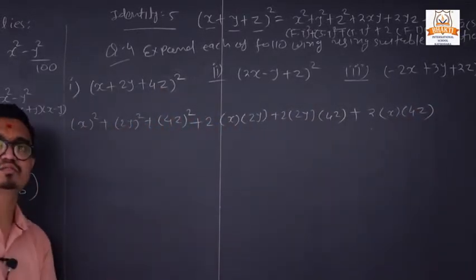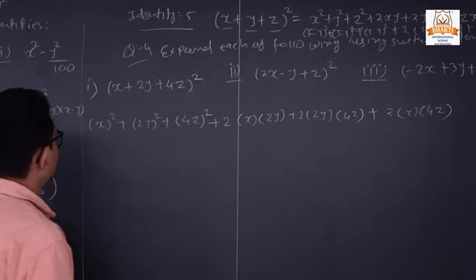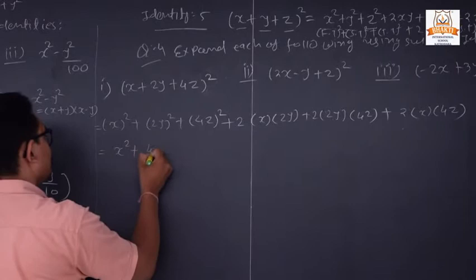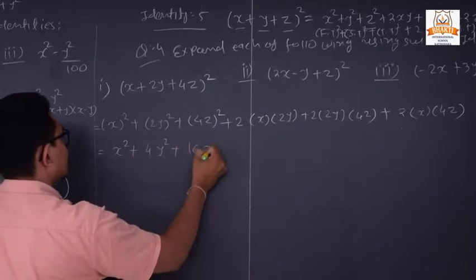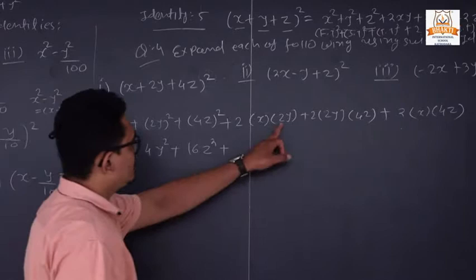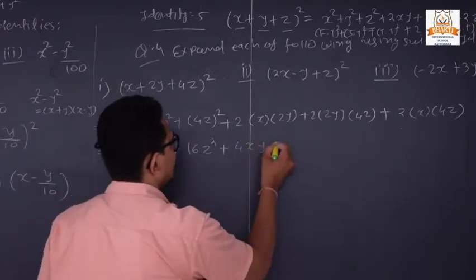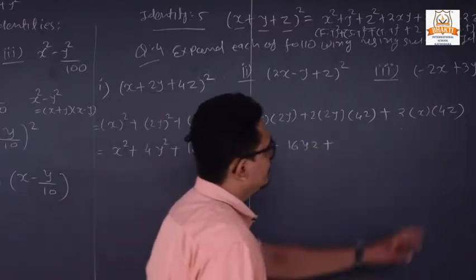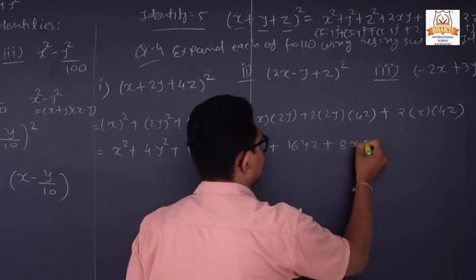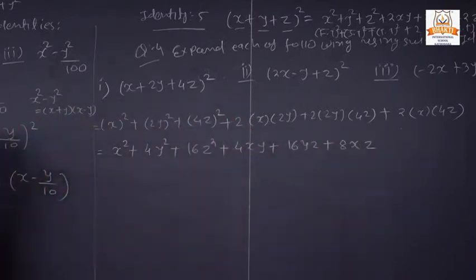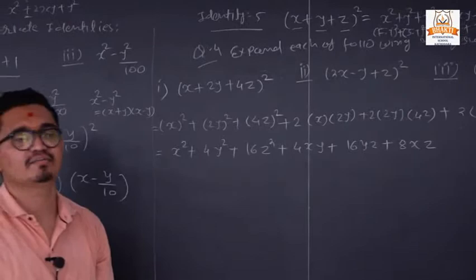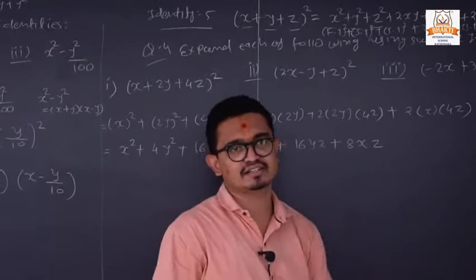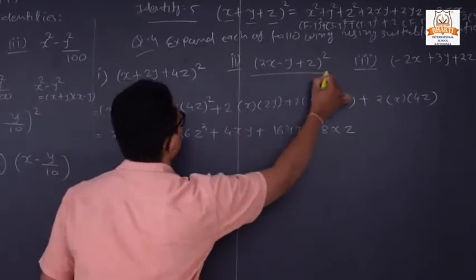Or third into first, because multiplication remains the same. So the answer is x square, 2y all square is 4y square, 16z square, then 2 2s are 4xy, then 4 2s are 8, 2 8s are 16yz, then 8xz. That is its answer. Easy. First term square plus second term square plus third term square, 2 into first into second, second into third, 2 into third into first.